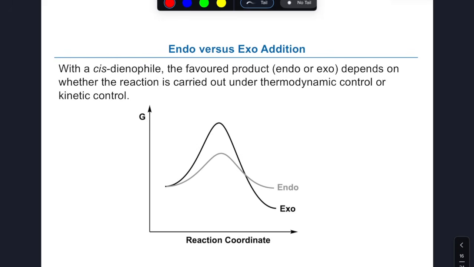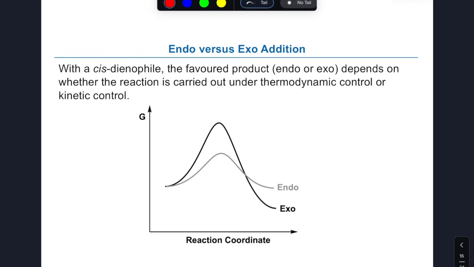Now, I want to make a quick note about the endo versus the exo approach. In general, endo ends up having a slightly lower kinetic barrier, meaning it forms faster, even though you generally form a product where the groups are sterically encumbered. So your final product, based on the geometry, is actually less stable than if you would approach with that same group outside the ring in the exo geometry.